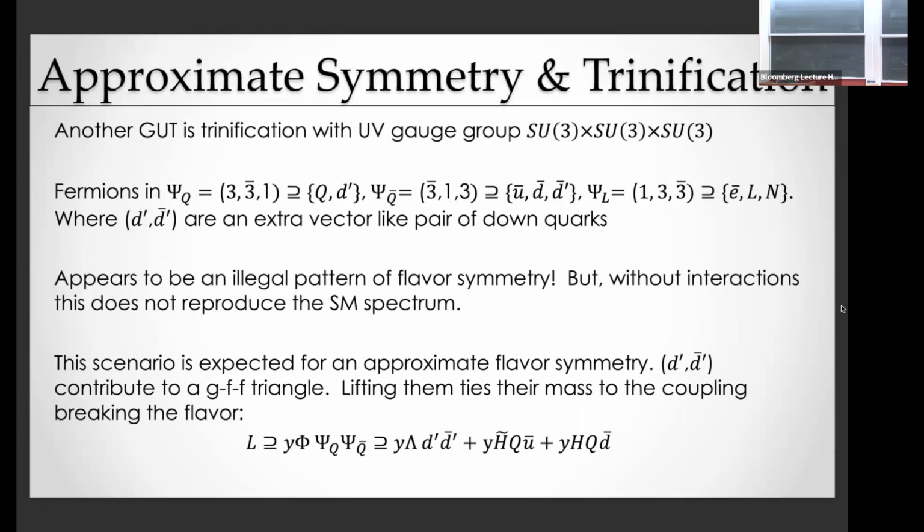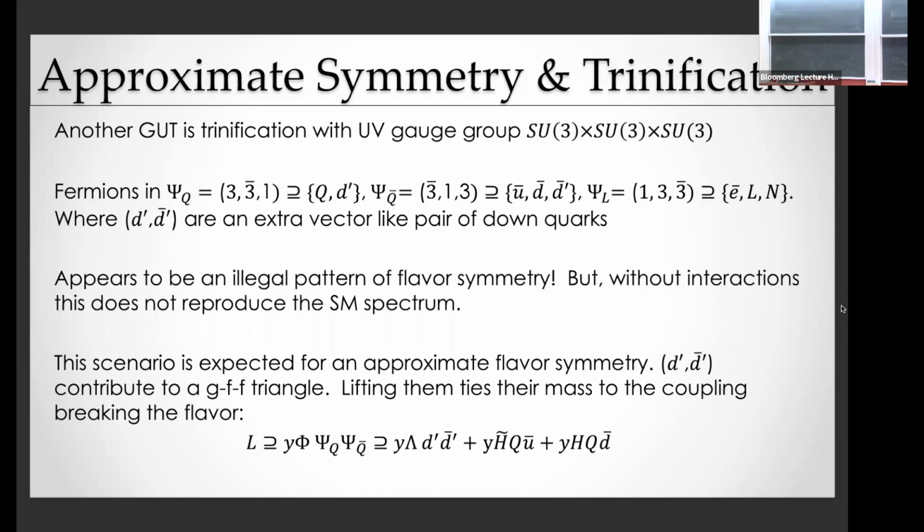So I mentioned approximate symmetry. Where does that approximate symmetry come to bear? One place is if you try to look at models of trinification. Another GUT that people have been interested in before is this one where the gauge group is SU3 times SU3 times SU3. And the fermions are in this pattern here.